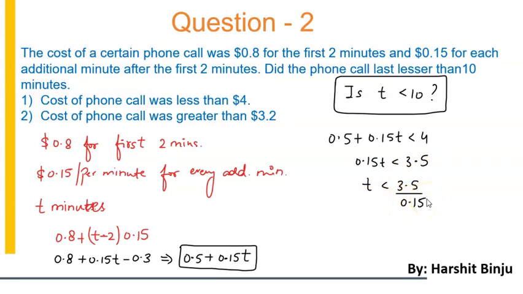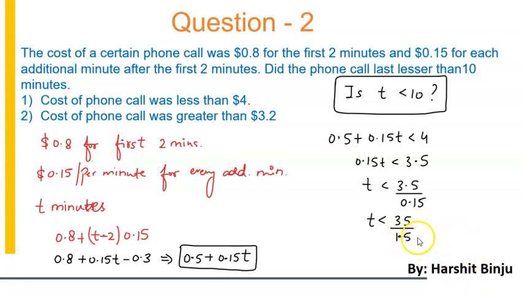We just need to know the approximate value of this, 3.5 divided by 0.15, which is T less than 35 divided by 1.5.